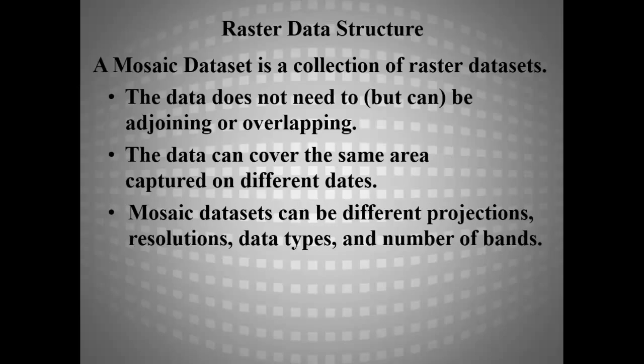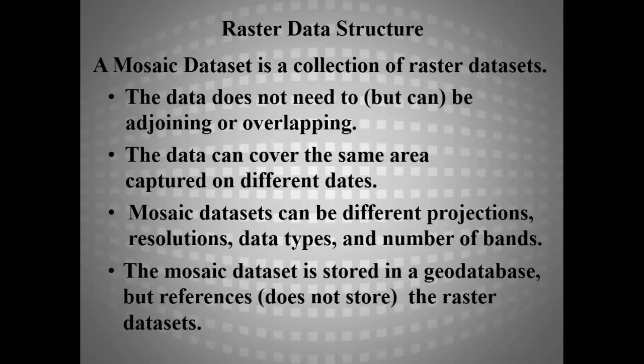They can have different projections, resolutions, data types, number of bands. We can put them all together and we can manage them as one giant raster. And that way we can display pieces from this mosaic of rasters as a single raster using ArcGIS. We store the information about the data sets in a geodatabase, but it's only references, it's pointers to the other places that those rasters are stored.